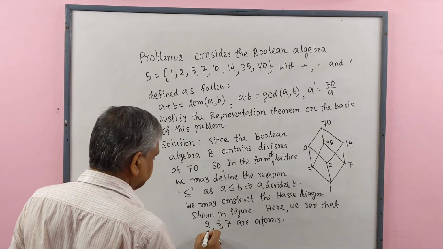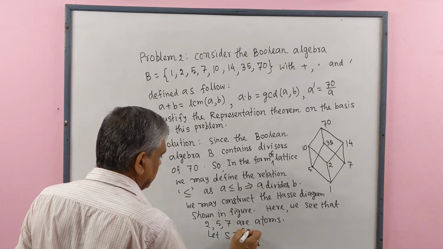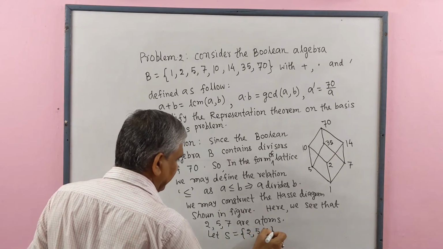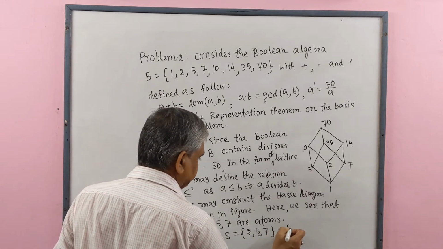Let S equal to a set containing elements 2, 5 and 7, means set of all atoms.